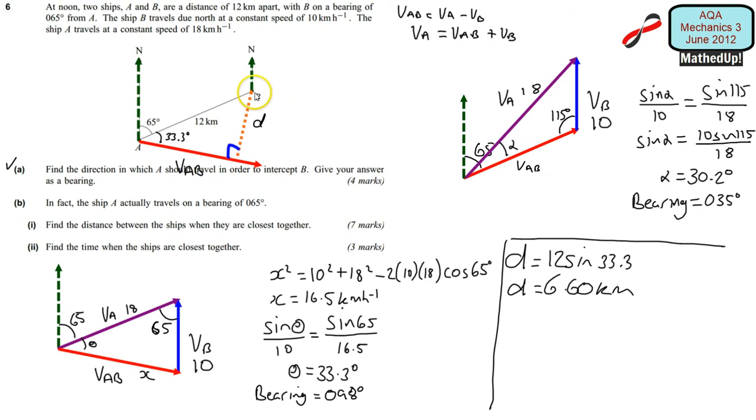Okay, so that's going to be that distance there. So for part one, the distance between the ships when they're closest together is going to be 6.60 kilometers. So that bit's done.